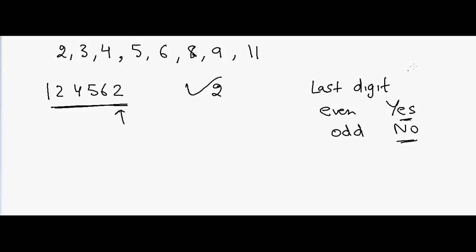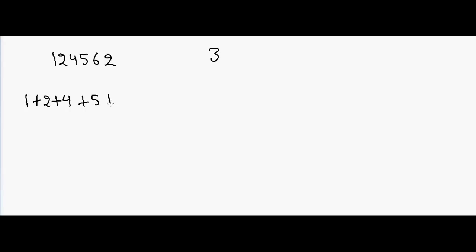Now let's talk about division by 3. If I have 124562 again, and I'm looking at whether it's divisible by 3 or not, what I'll do is add all these digits together. So 1 plus 2 plus 4 plus 5 plus 6 plus 2: that will give me 3, plus 4 is 7, 7 plus 11 is 18, plus 2 is 20.